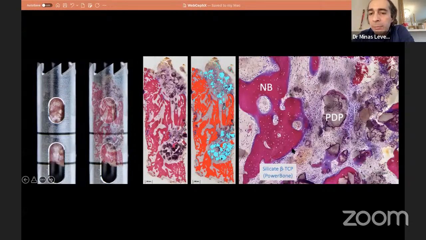We can see the dark magenta, how nicely we can visualize the osteoid. So here the dark magenta are areas of osteoid. It's new bone that is not mineralized yet. And gray, we can stain here the breaking down particles of the bone grafting material.